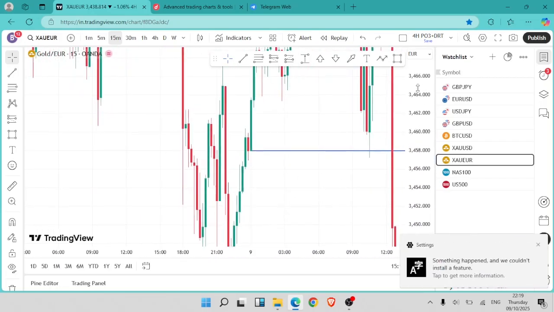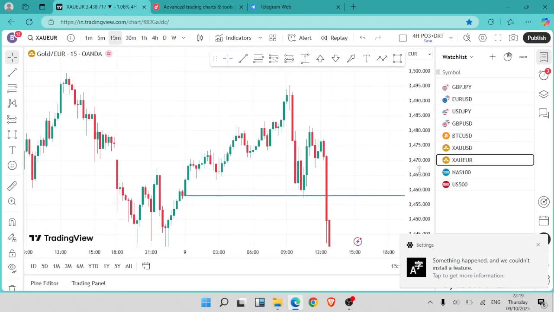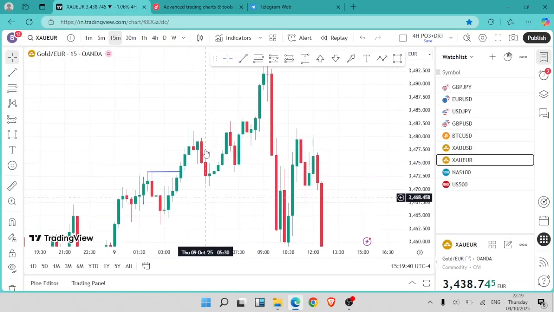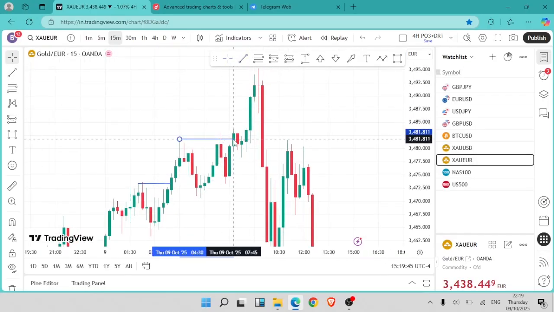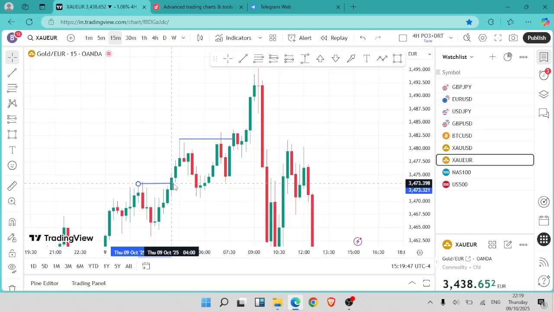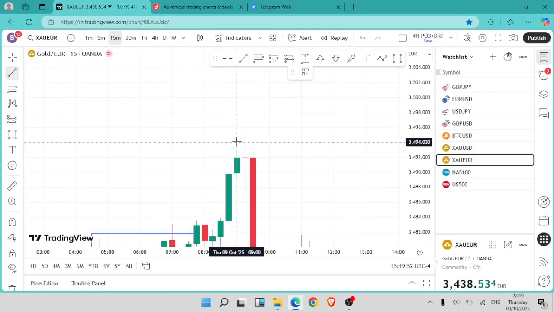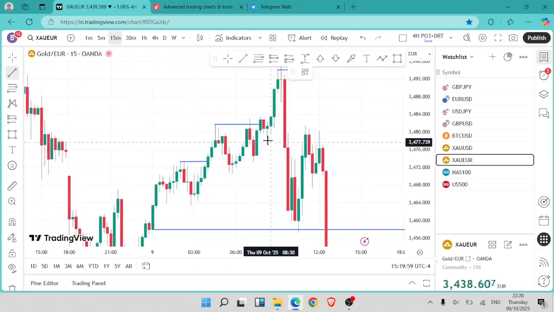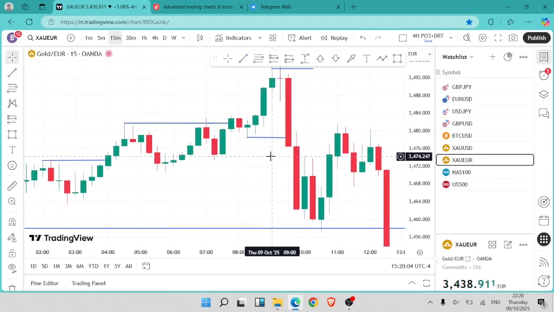So you can see price opens and goes above, making significant swings to the upside, giving us this market structure. You can see price closing above this price here, and then we have up to this point where we have that liquidity sweep, and then price dropping and closing below this swing low or this lower high.